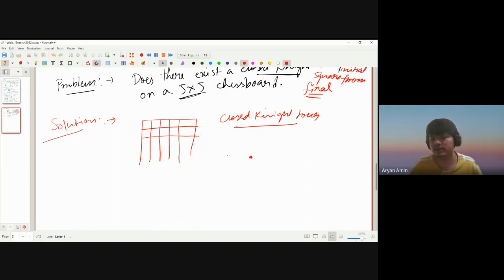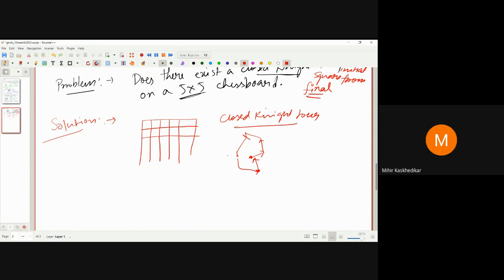Yeah, it's kind of the same, but I'm just trying to keep it more down to earth. You start from somewhere and make a sequence of moves, you visit every square exactly once, and then you can go back to the initial point. So that is a closed knight tour. Otherwise, it's not closed. So then it's not possible.